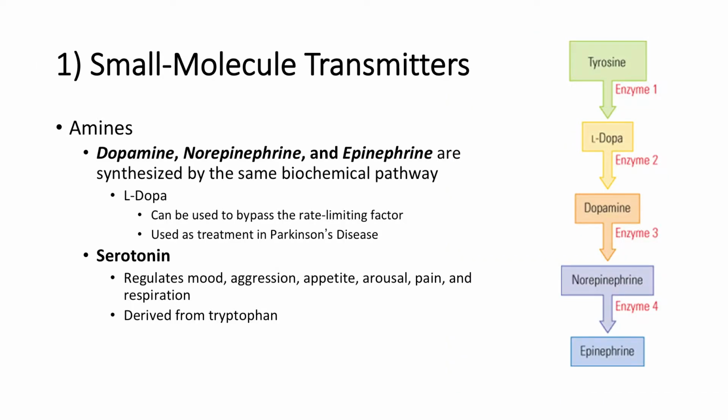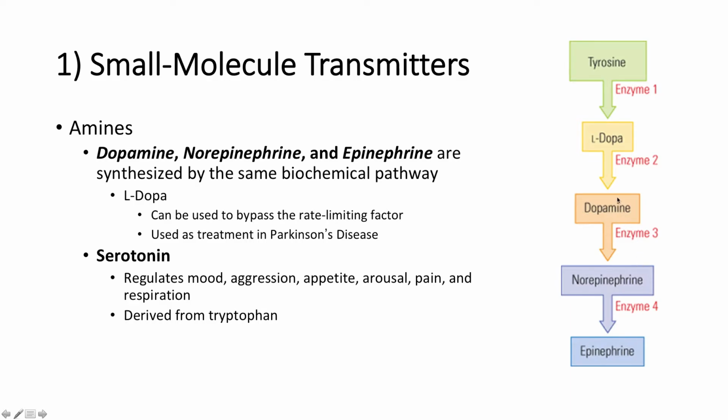So amines are a subgroup of the small molecule transmitters, as we just said. These are chemicals that contain an amine group, which, if you've had chemistry before, is the NH group in their chemical structure. Some amine transmitters are synthesized by a common biological pathway, and they're related. An example of that is dopamine, noradrenaline, and adrenaline, and here is their pathway.